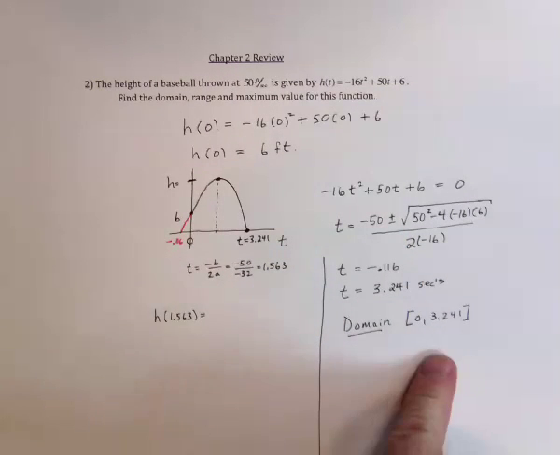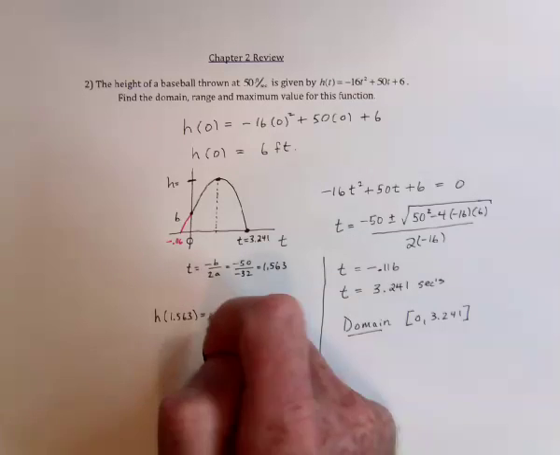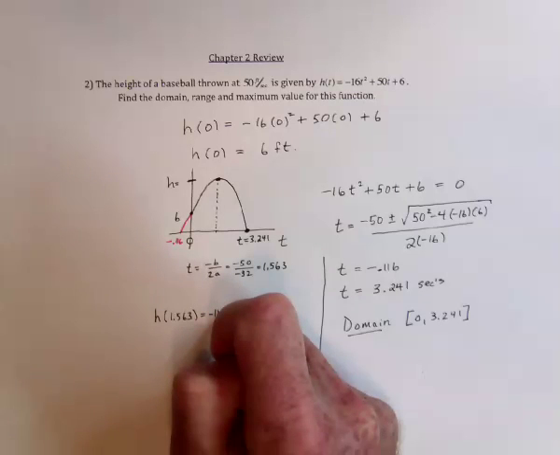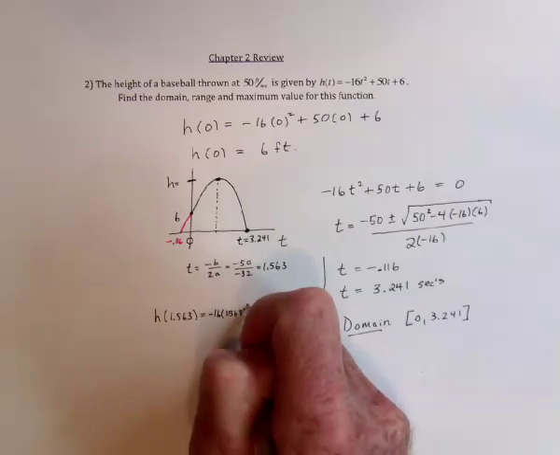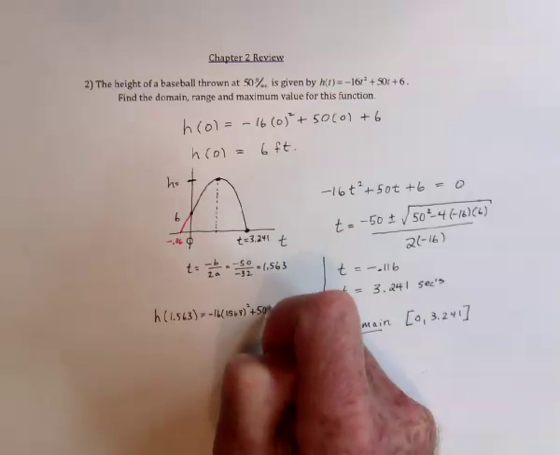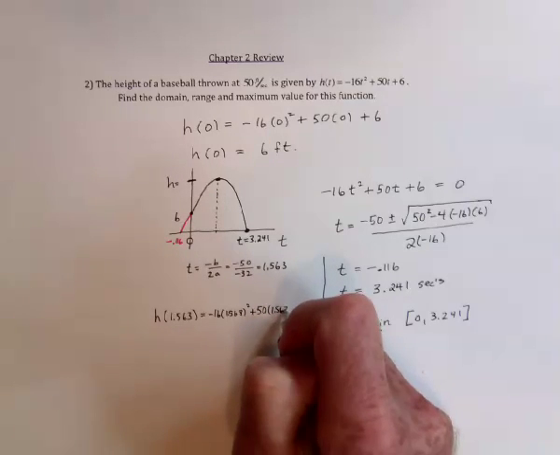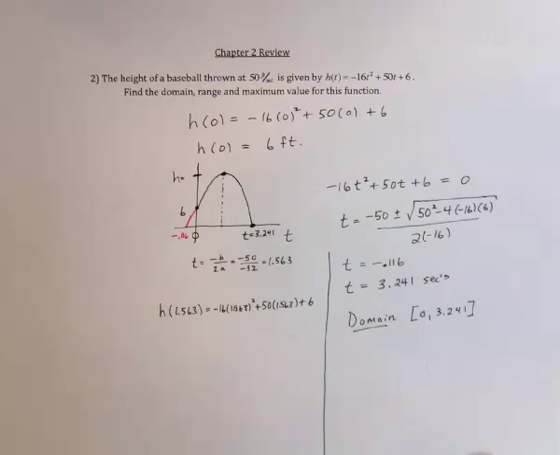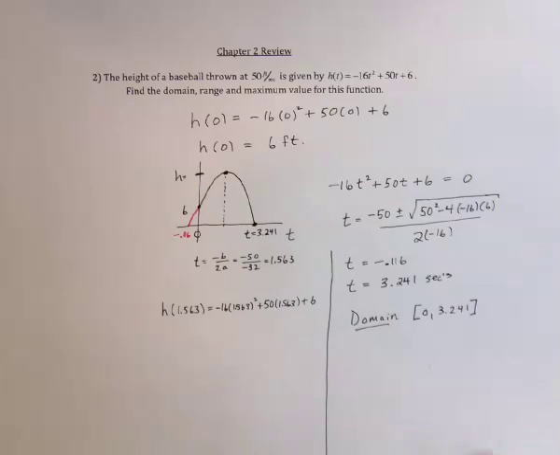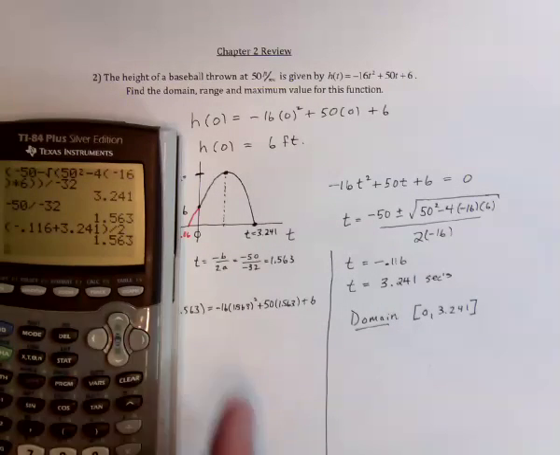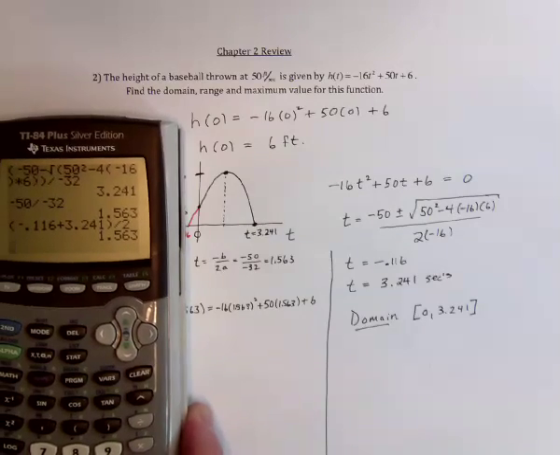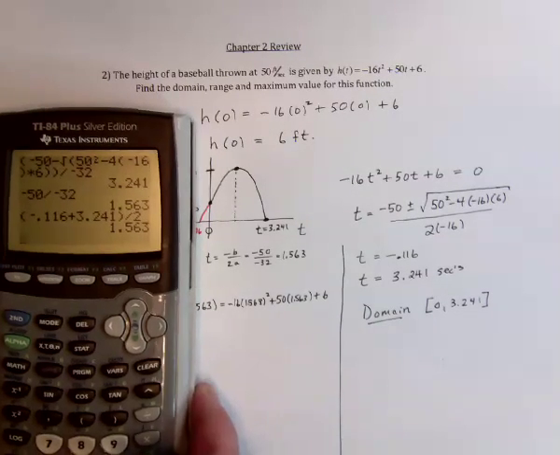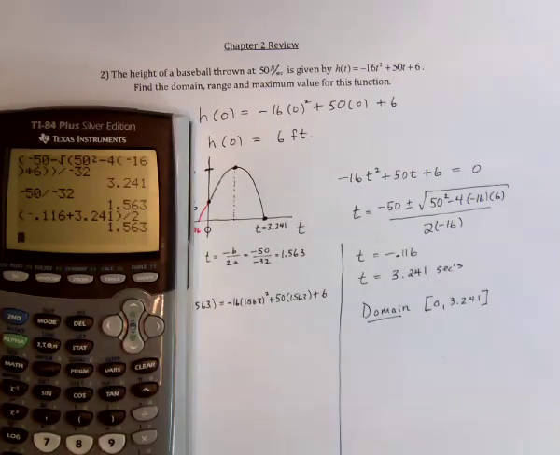So that's going to be my domain information. This is going to be my range information. So go back to the original function, substitute this in: negative 16 times 1.563 squared plus 50 times that value plus 6. And now another thing that I can do to verify that I'm doing this correctly is graph it and make sure that the graph matches up with what I've got over here.